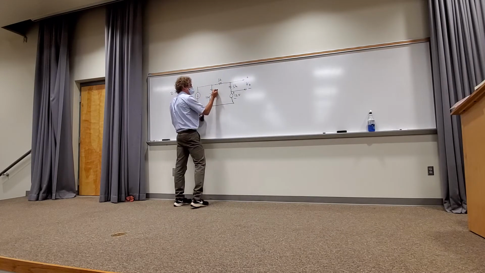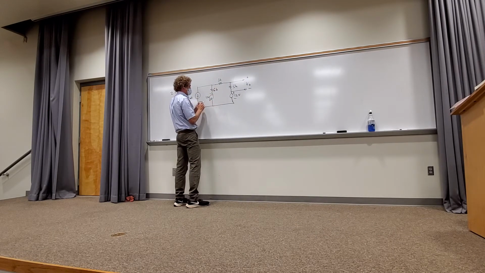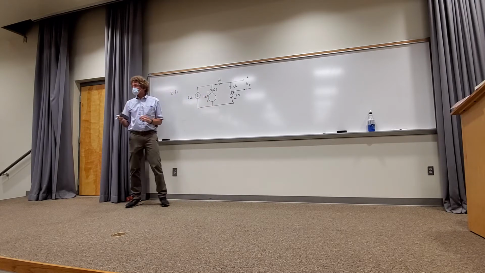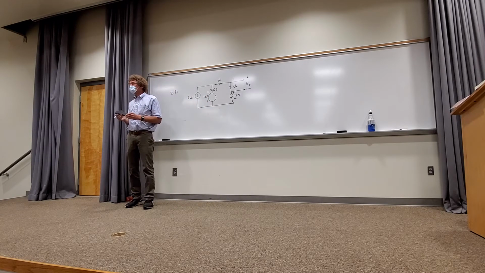Is this 6K? Yeah. Thank you. And let me go ahead and just make this a little nicer. So this is plus to minus 12 volts, correct? Y'all see this? We're going to use Thevenin's on this one.